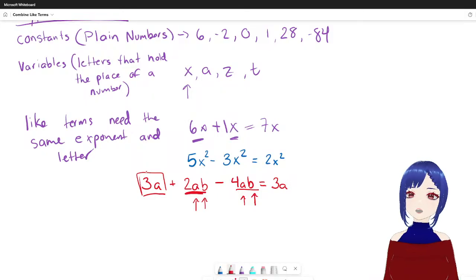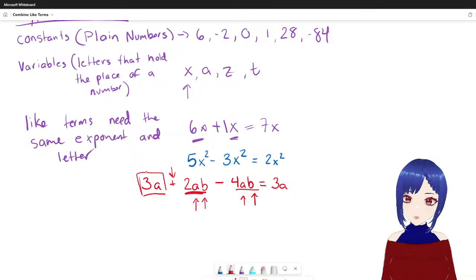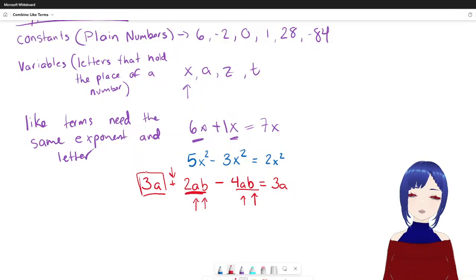And then here's another trick I like to do. So when I'm combining like terms, I don't write my symbol. So right after the 3A is a plus, I don't write my symbol until I know whether the following number is positive or negative. Because if it's negative, you can do subtraction instead of writing plus or negative. So 2AB minus 4AB, 2 minus 4 is negative 2.